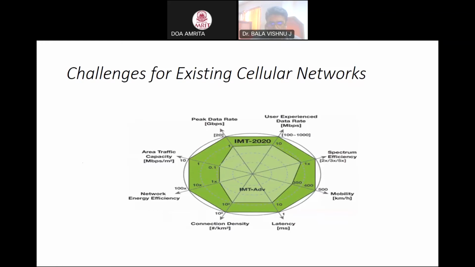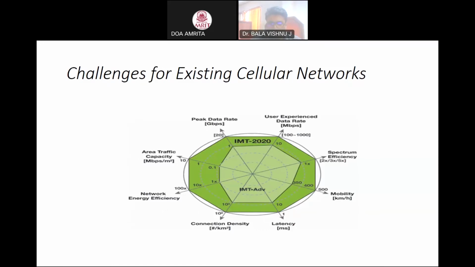And coming to mobility, it means the speed in kilometers per hour at which you are traveling, if you are moving in a car or a pedestrian speaking through mobile.